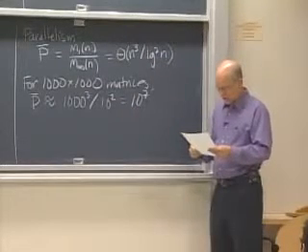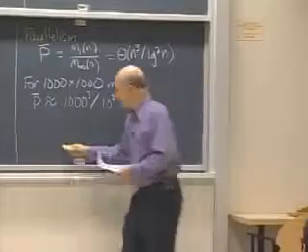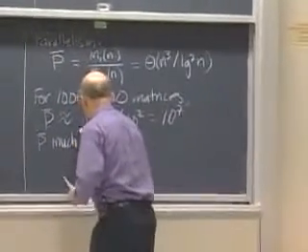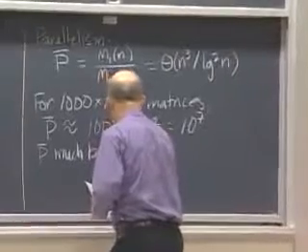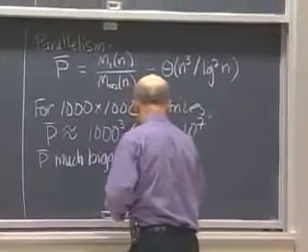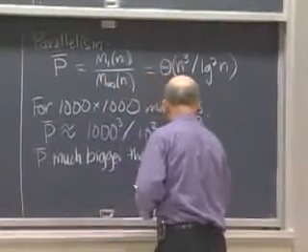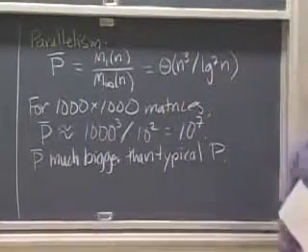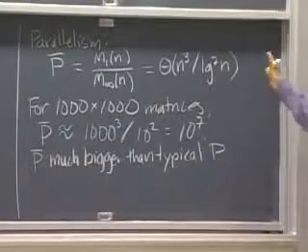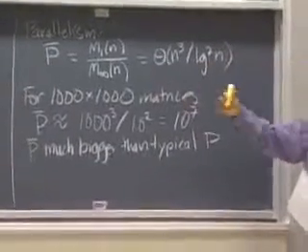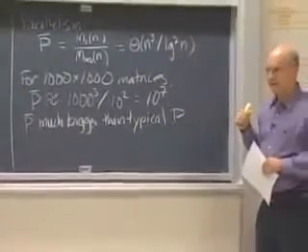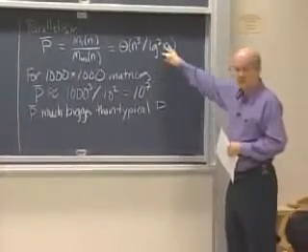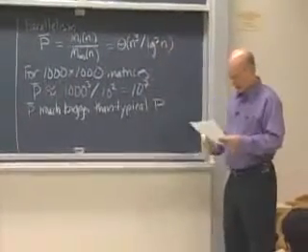And so, you know, our parallelism is much bigger than a typical actual number of processors. So we would expect to be able to run this and get very good performance. Okay, because we're never going to be limited in this algorithm by parallelism.